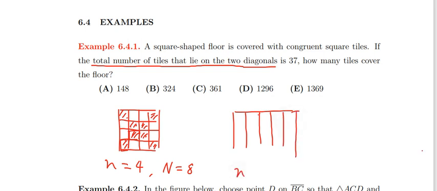So number of tiles on a diagonal, this one, 5.